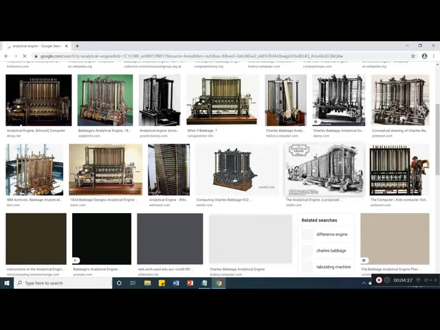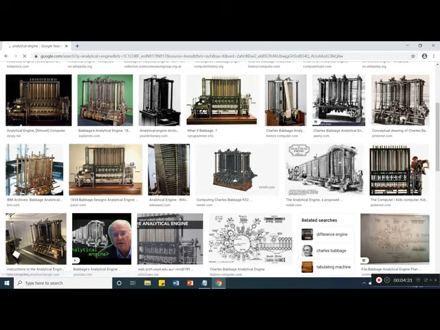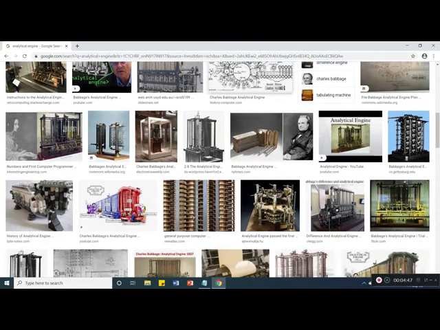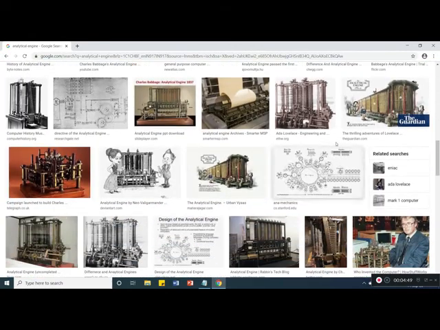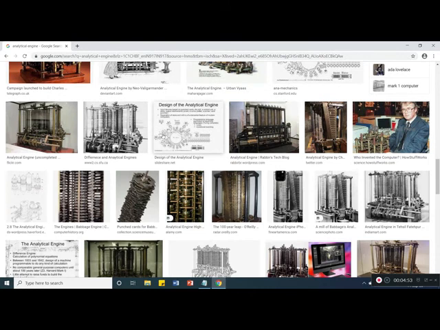It looks like a train engine. You can see the different analytical engines. Charles Babbage invented this. Charles Babbage is the father of computing, the father of the computer. He invented this analytical engine in 1837.